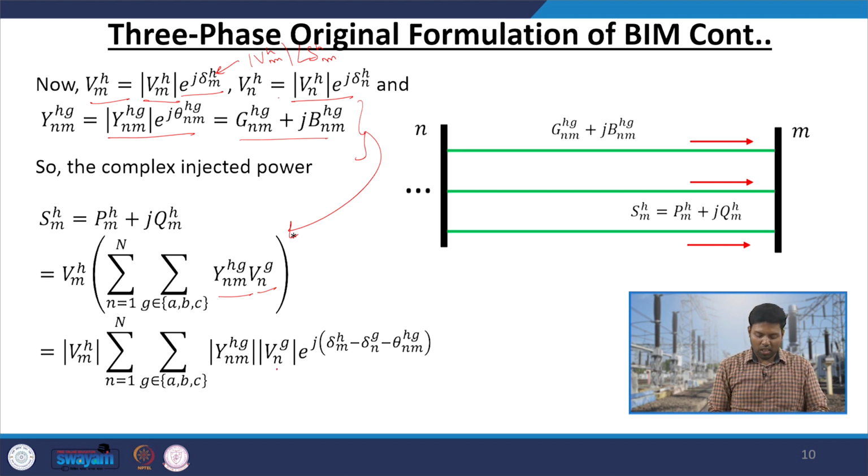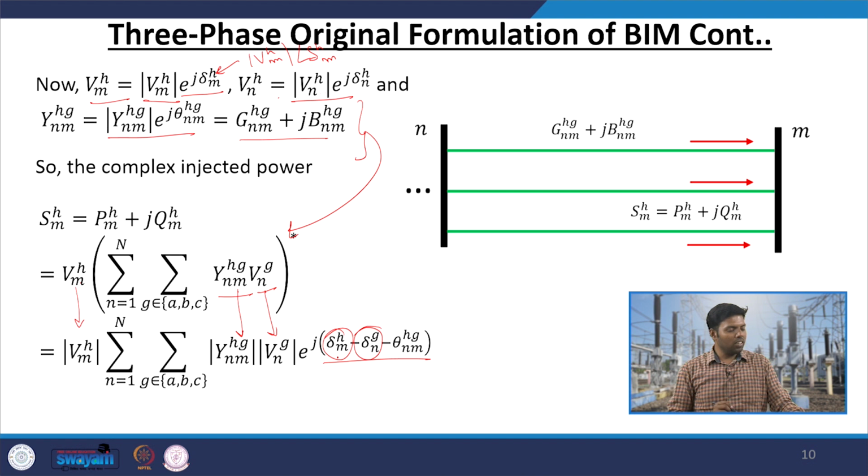So, this will come as V_mh, this magnitude is here, this magnitude is here. Now, the angle part: angle of V_mh is delta_mh, then you have the complex conjugate of it. So, V_ng star, V_ng is V_ng e to the power j delta_ng. Star means complex conjugate, which means you have minus of it.